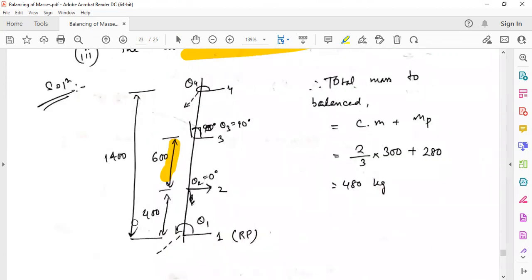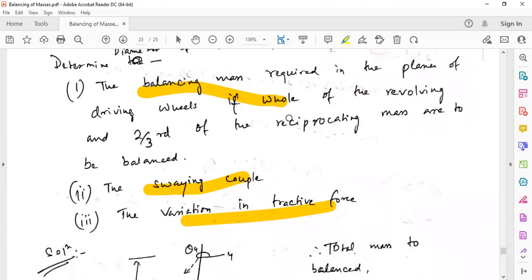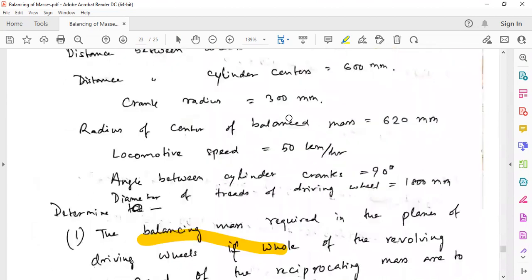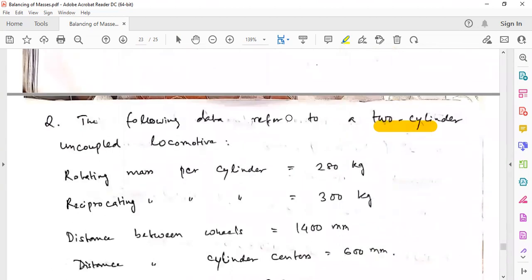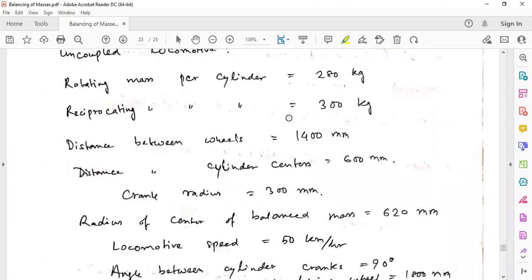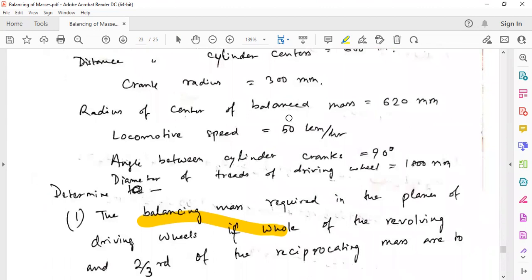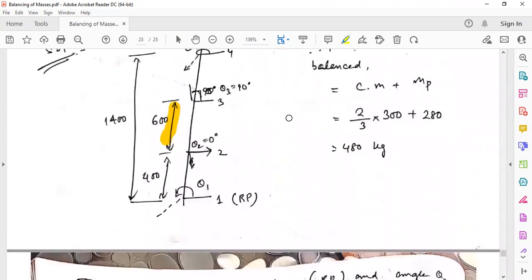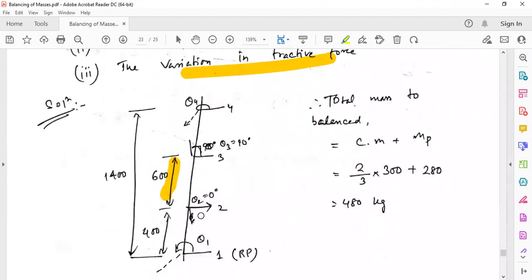The gap between them is 1400 mm, so we have shown this 1400 mm. Anything else? Distance between cylinders, crank radius 300, radius of center of unbalanced mass 620. And it's 400.